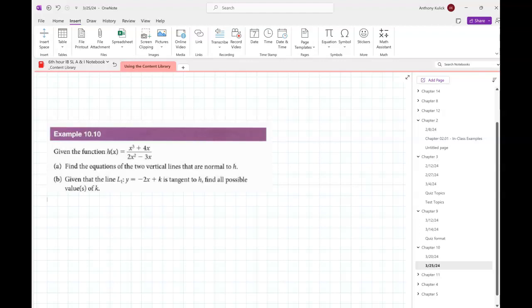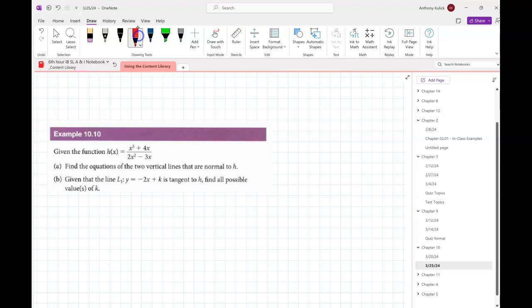All right, so let's take a look at this next example. When you look at the function h of x here, what do you notice right away? Yep. You know what I notice for you? You have no idea how to take the derivative of that, right?